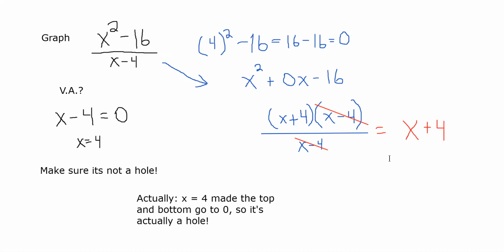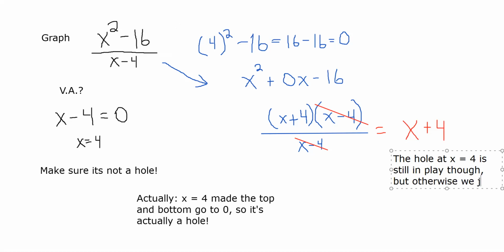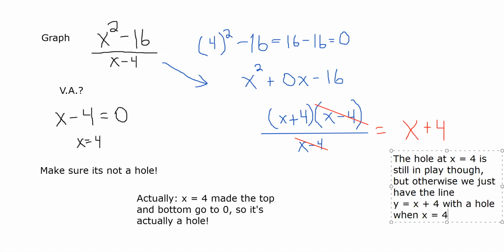So the hole at x equals 4 is still in play, though. But otherwise, we just have the line y equals x plus 4 with a hole when x equals 4.